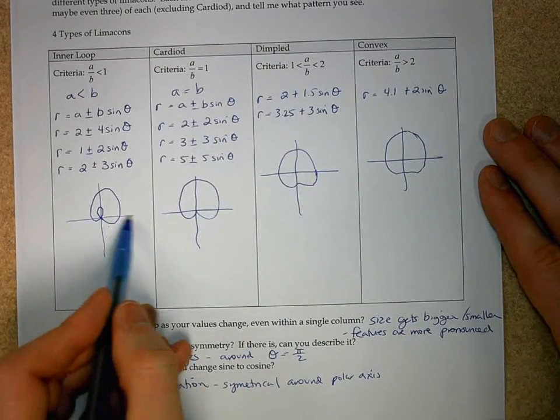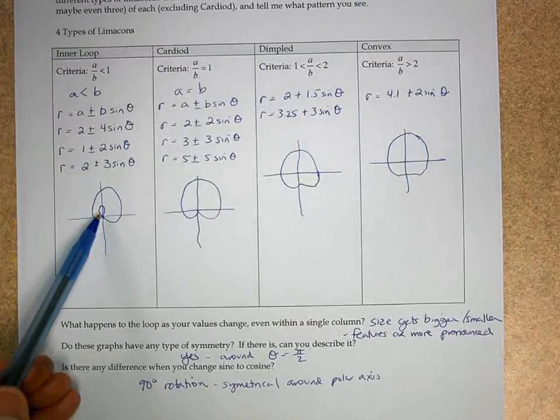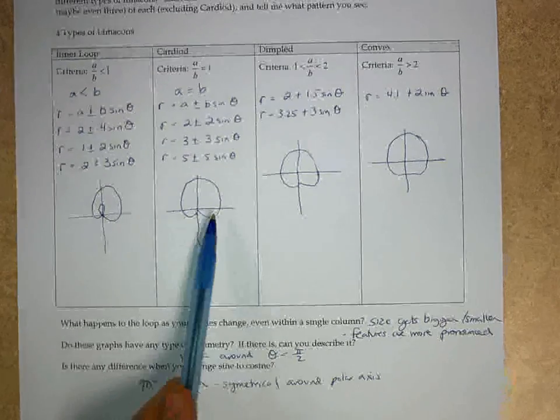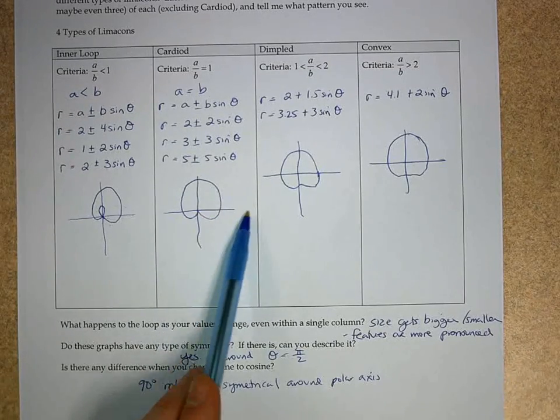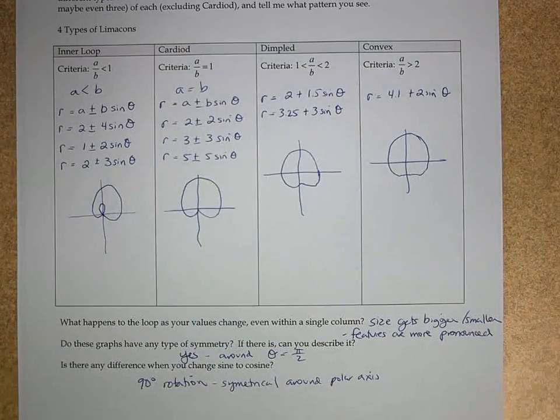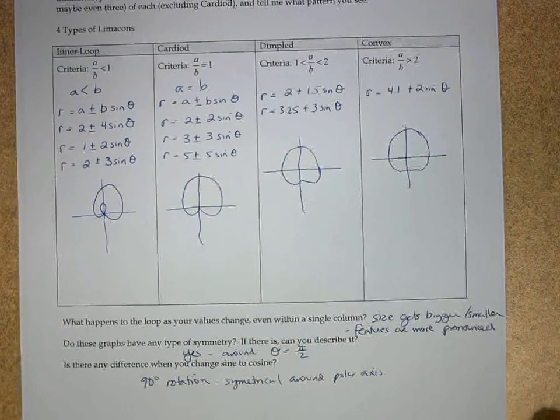And the polar axis is this line here. So if I were to change this sine to cosine, my curve would now be on the side. Or this cardioid, the heart shape would be on the side. So the reflection would be around this x-axis, which we call the polar axis when we're in polar coordinates.